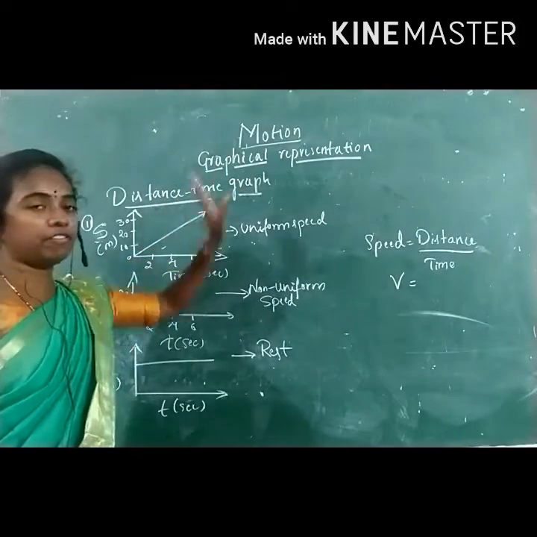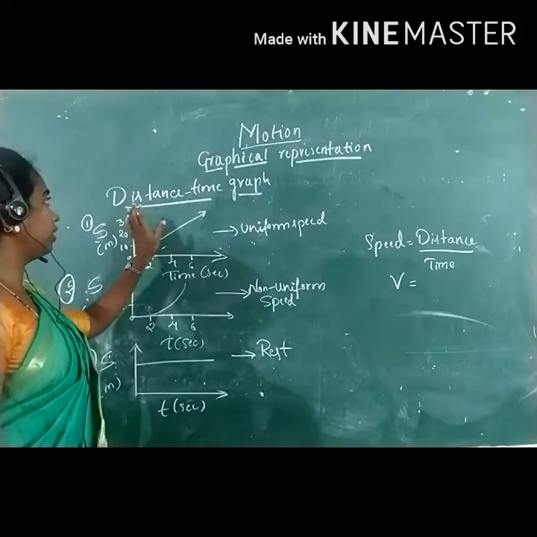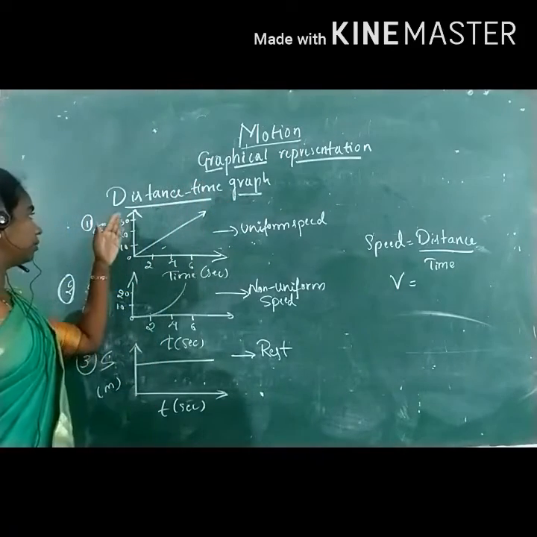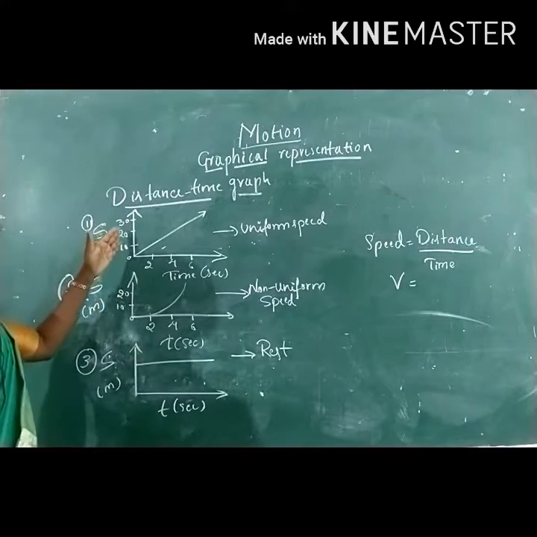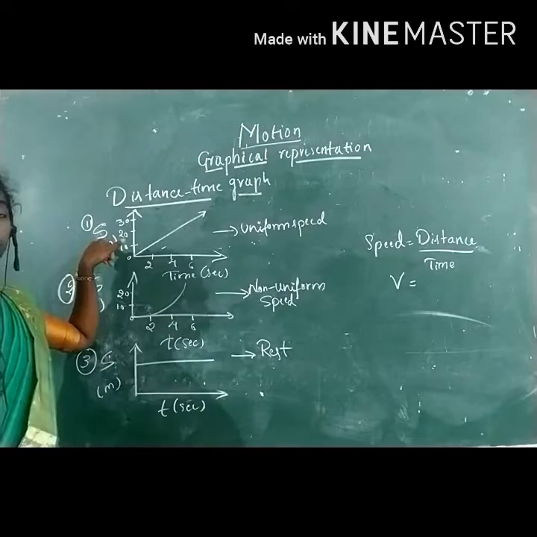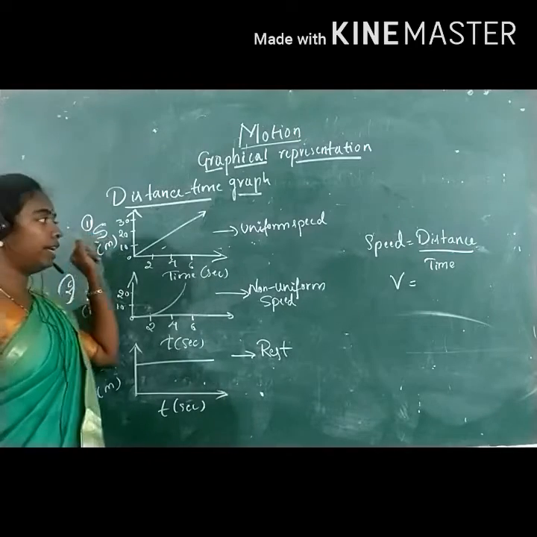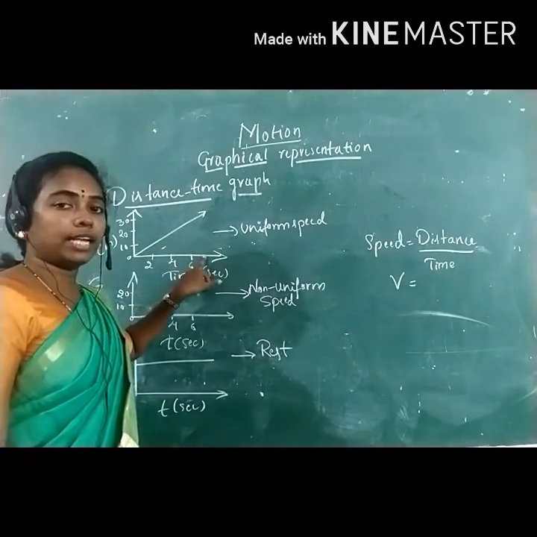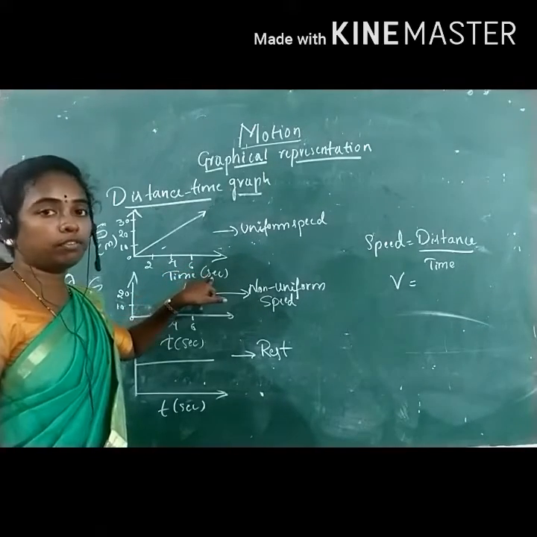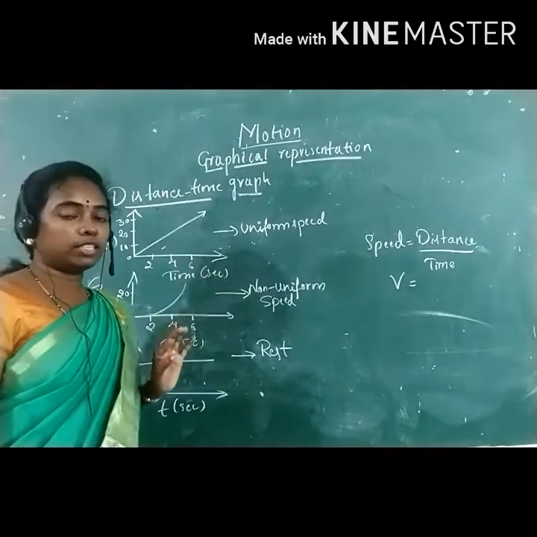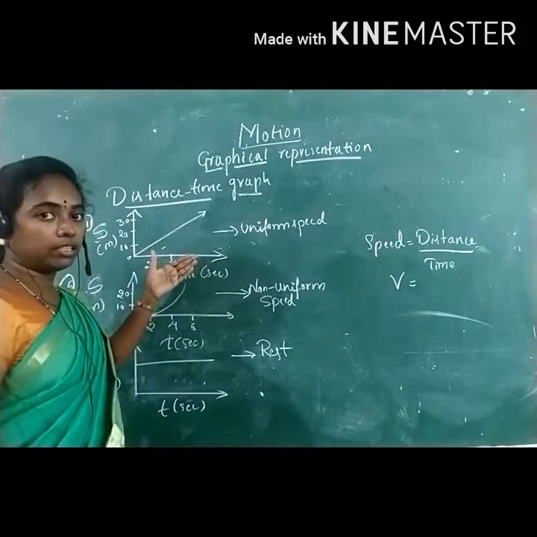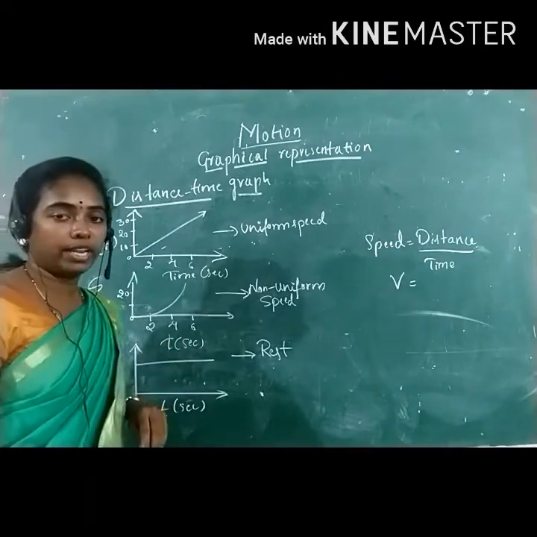Continue with graphical representation. Firstly, we'll get into the distance time graph. You can observe I have drawn three diagrams. The Y-axis in the first diagram includes the values of distance denoted by S, whereas the X-axis includes the values of time in seconds. We always take independent values on the X-axis and dependent values on the Y-axis.